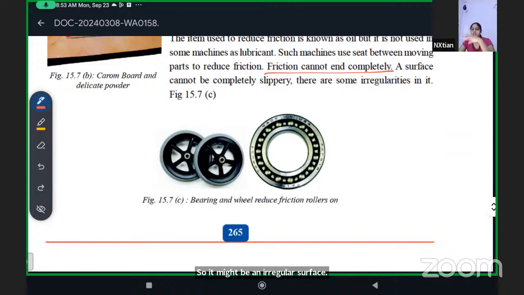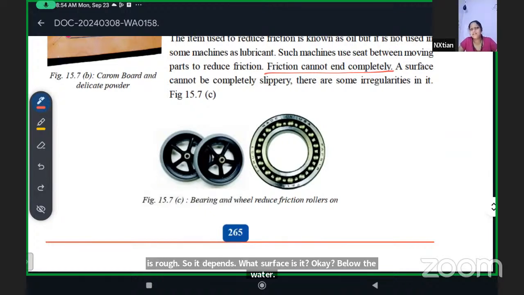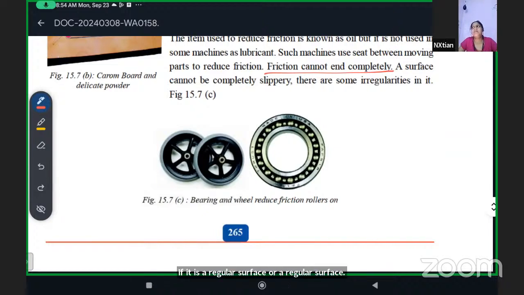Because tiles are there, like in pools, and sometimes a thick, soft, slimy mud layer is there beneath the water. So that is smooth, but sometimes stones and pebbles are there, that is rough. So it depends what surface is below the water, if it is a regular surface or irregular surface. So it will tell if the friction will be less or more.